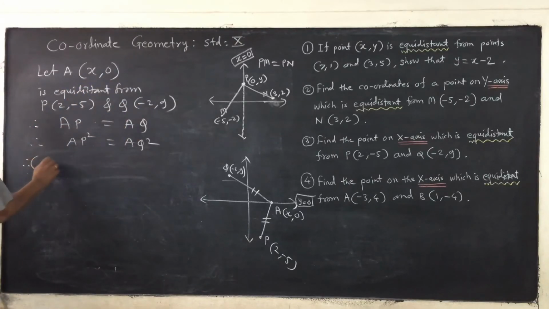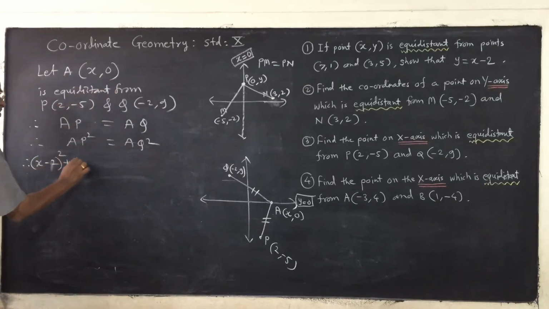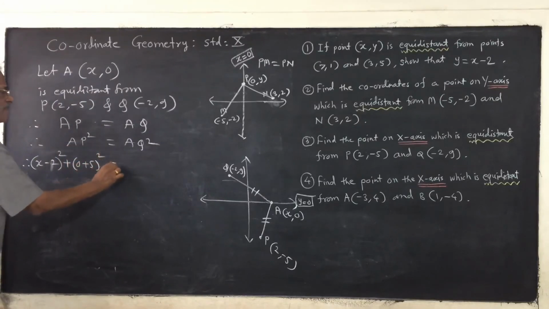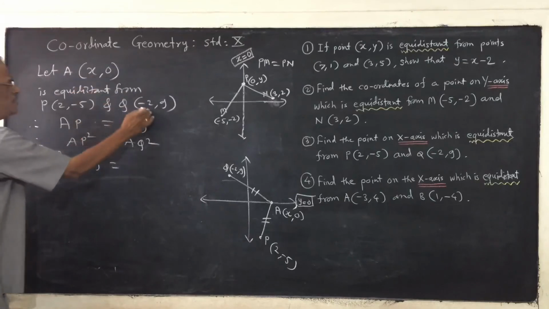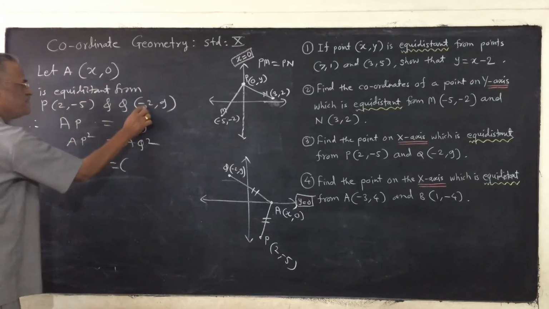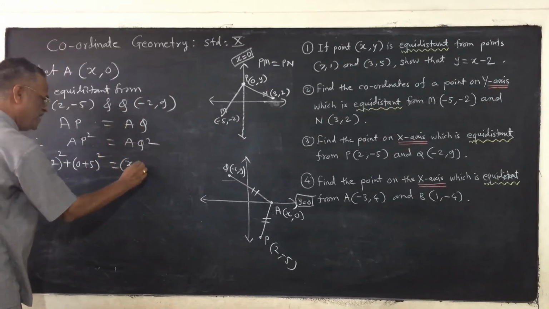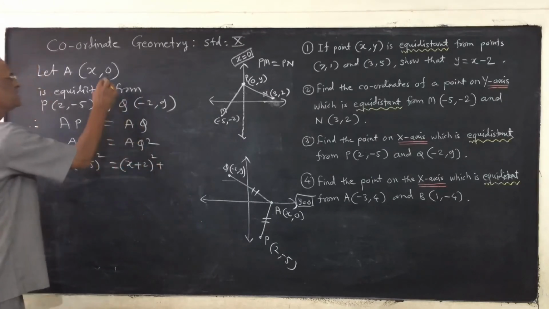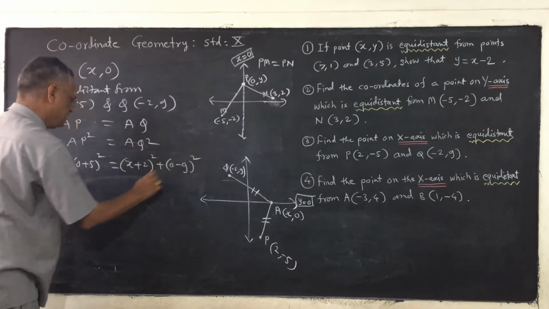Remember the formula: x minus 2 bracket square plus y minus minus 5, so it will be positive, square. The right hand side, AQ square: x minus minus 2, it will be plus 2 bracket square plus 0 minus 9 bracket square.